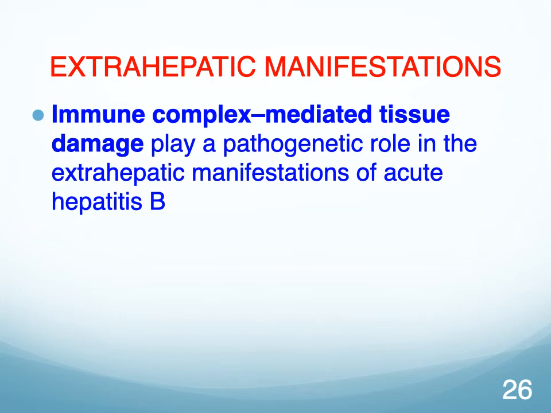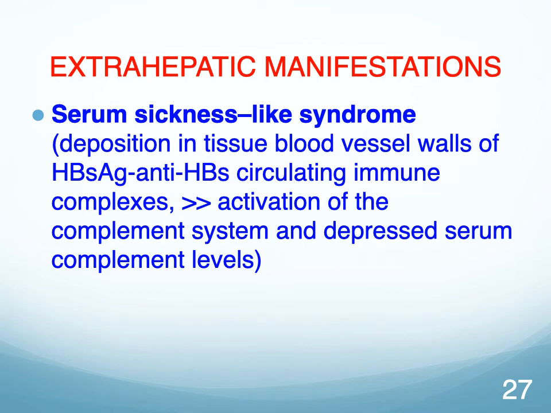Since all the viral hepatitis is not directly cytopathic, the immune complex that is produced is the pathogenic culprit in the manifestation, especially in the extrahepatic manifestation of acute hepatitis B. You also have the serum sickness-like syndrome, wherein there is deposition of HBs and anti-HBs in the tissues or blood vessel wall.